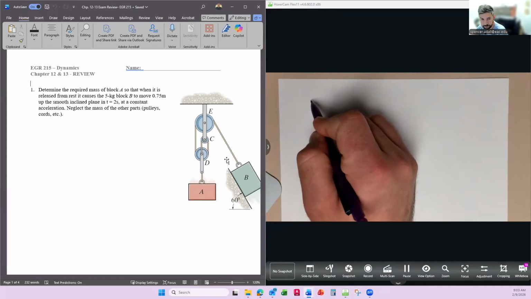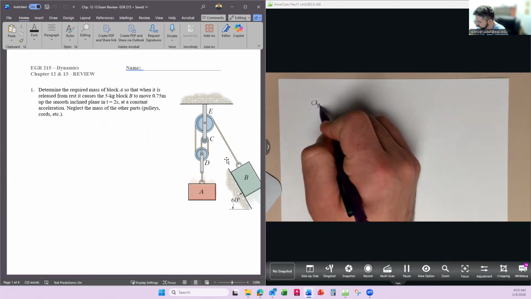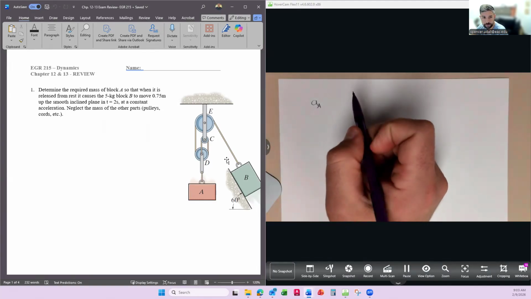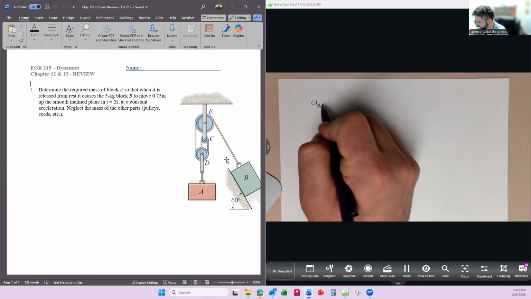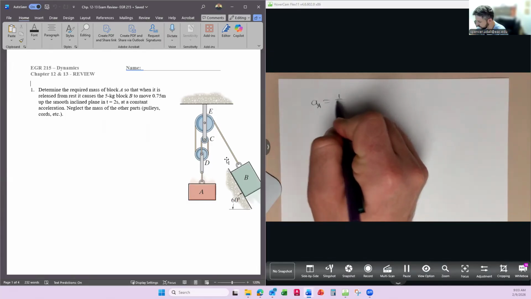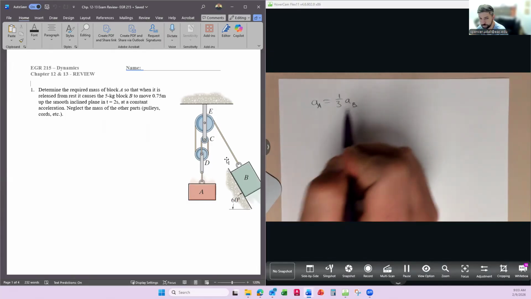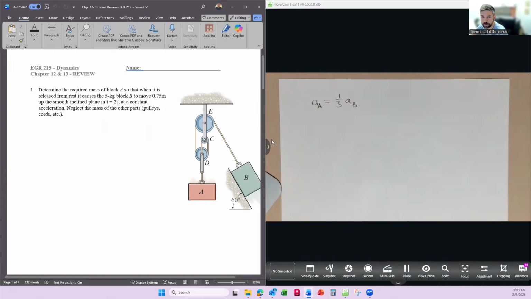But essentially, what we're coming up with is that the acceleration is what we want. We don't care about the velocity as much this time. The acceleration of A is 1/3 the acceleration of B. We just did that by saying it's the same relationship as the mechanical advantage. If this was 3P pulling up, then that's 3P pulling down.